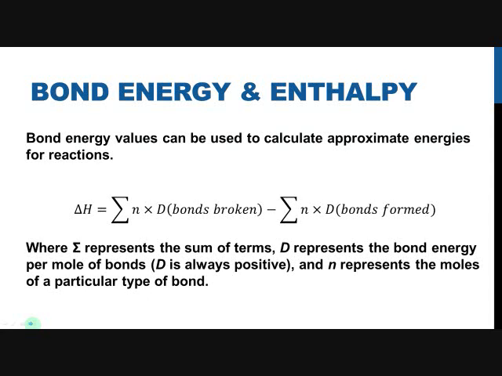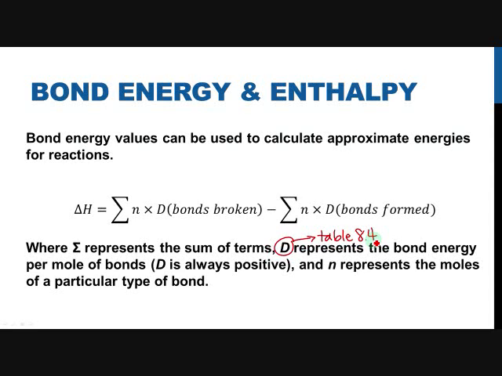Bond energy values can be used to calculate approximate energies for reactions, where the capital sigma, that's that E-looking thing, represents the sum of terms. D represents the bond energy per mole of bonds, which you get from the table, 8.4. And D is always positive. We just always plug it in as positive.